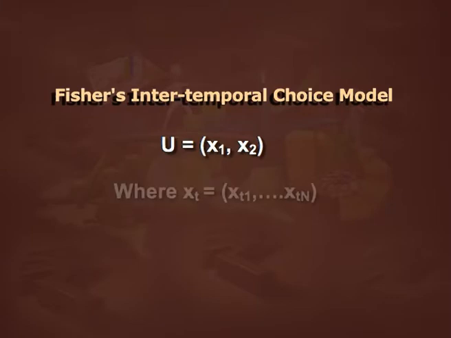As the preferences of consumers change over time, we take consumption in one period as a composite commodity. Suppose there is one consumer, n commodities and 2 periods. Preferences are given by U equals u(x1, x2), where xt is equal to (xt1 till xtn).